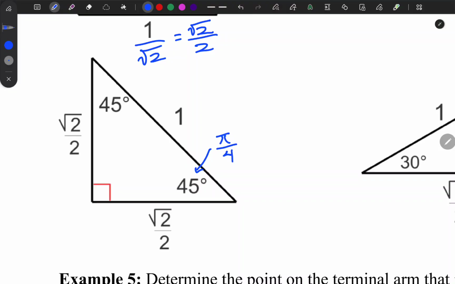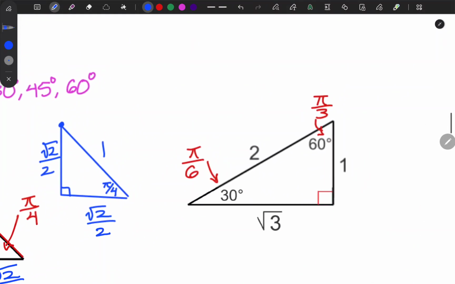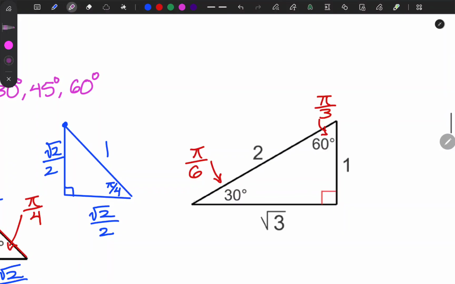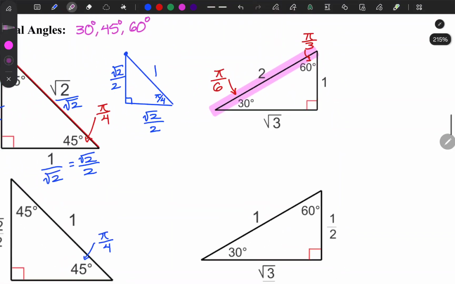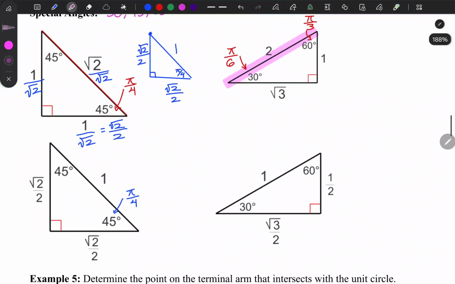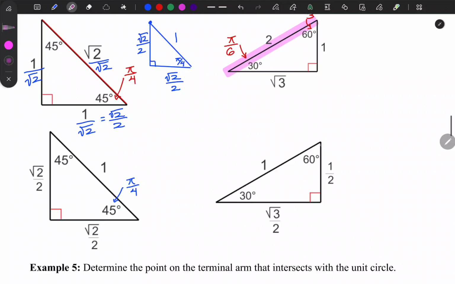We can do something similar for our other triangle. For our other triangle, we originally had a radius of 2. What if we just divide all of our side lengths by 2? If we do that, we now have a similar triangle with the same angles where our sides are 1/2, root 3 over 2, and a radius of 1.